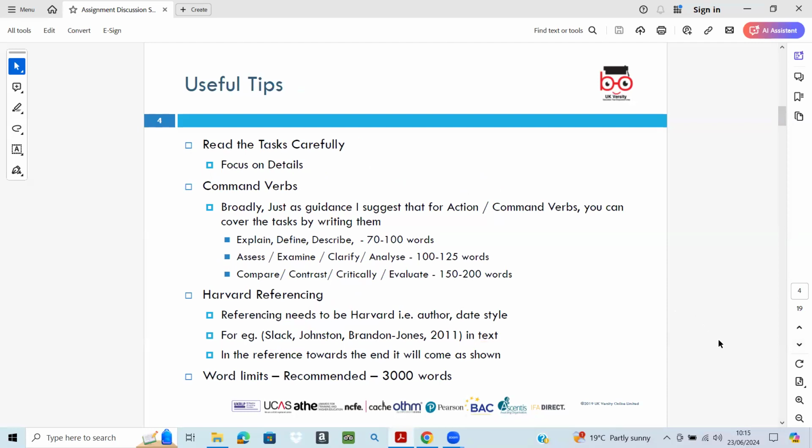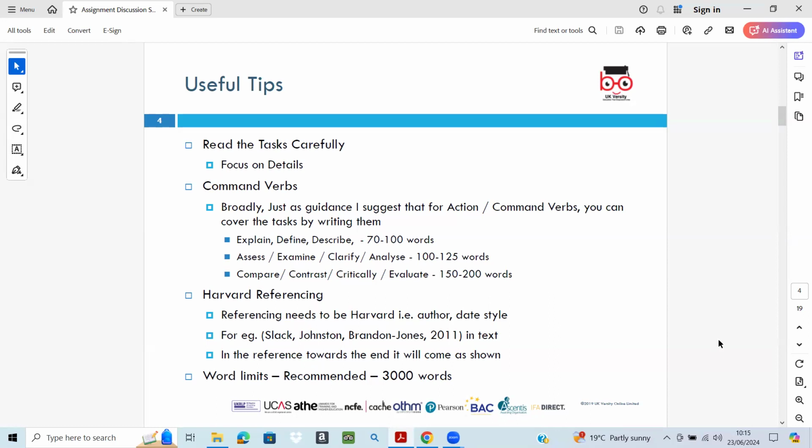So here we have some useful tips. When working on your assignment, it's crucial to follow some useful tips to ensure clarity, precision, and academic integrity. So here they have given us some tips to help navigate through your task effectively.